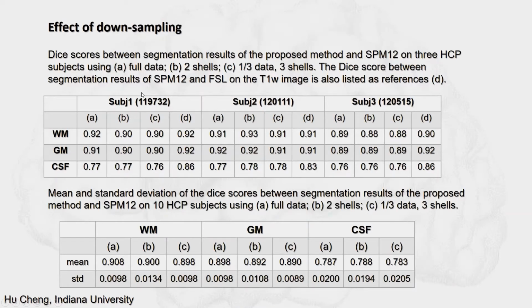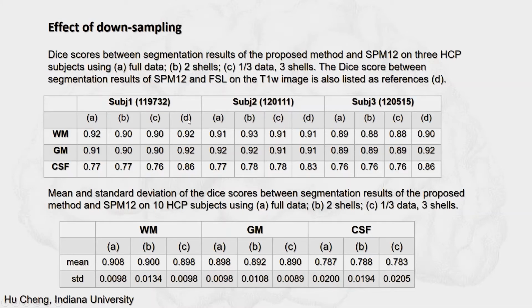And this method is robust against downsampling. We compared the DICE score between segmentation results of the proposed method and SPM12 on 3 HCP subjects using A, the full data set, B, 2 shell data, with B values of 1,000 and 2,000, and C, only 1/3 of the data, but still 3 shells.